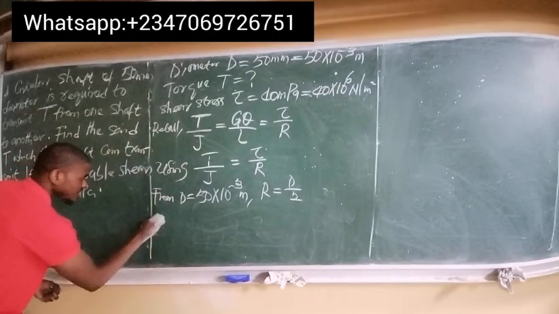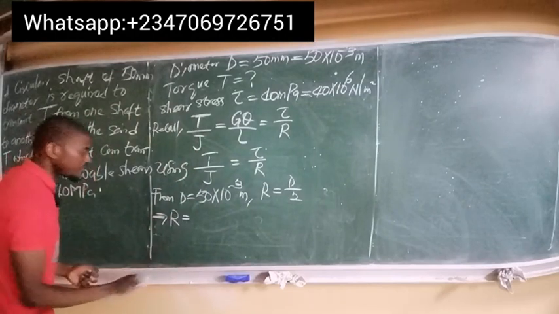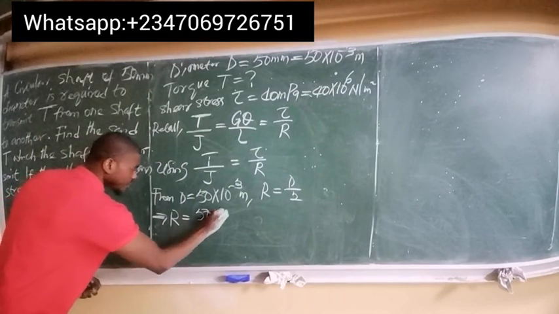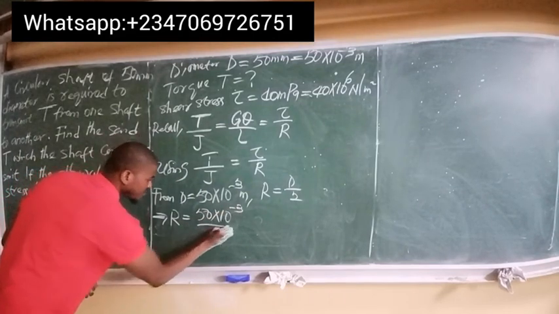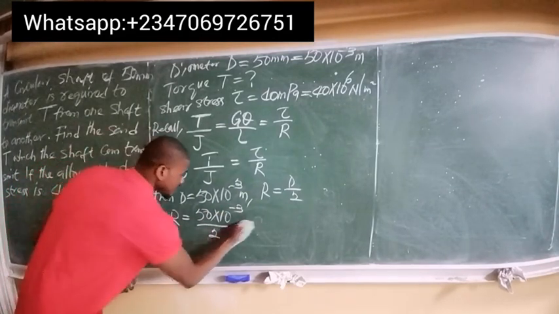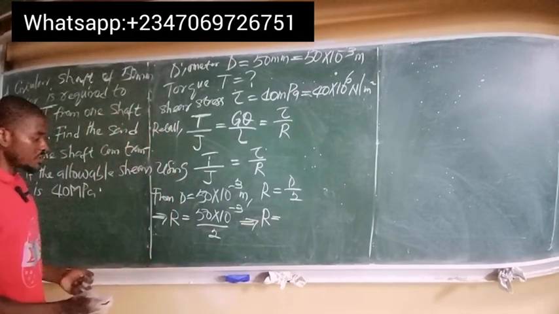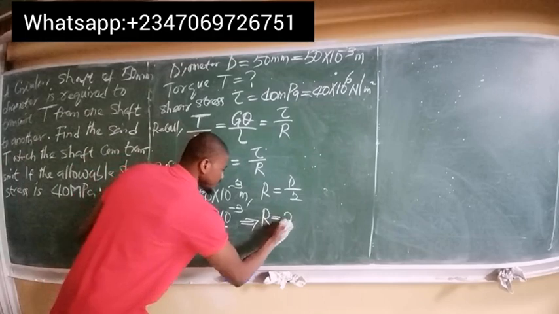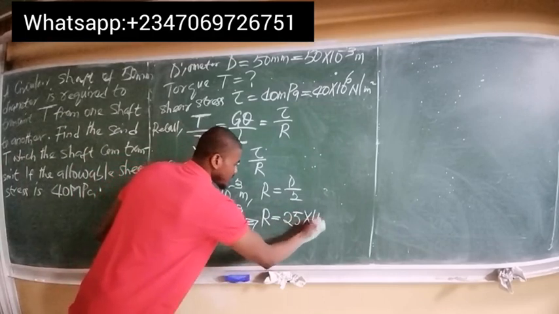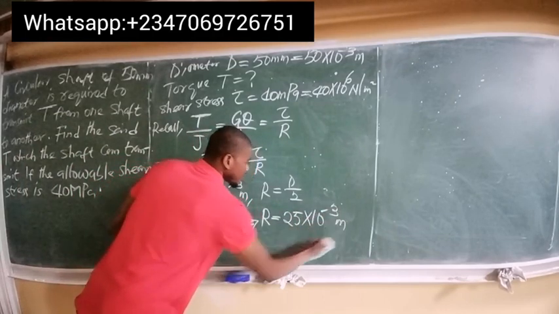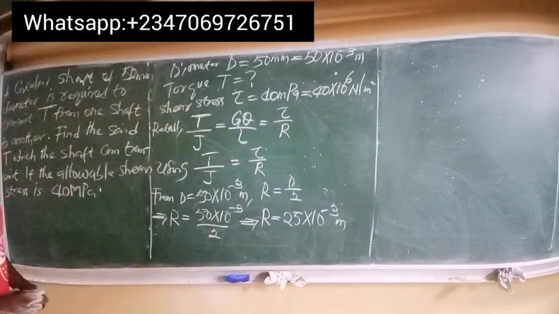So the radius is 50 by 10 to the power of minus 3 divided by 2. This implies that the radius is 25 by 10 to the power of minus 3 in meters. This becomes the radius of the shaft.